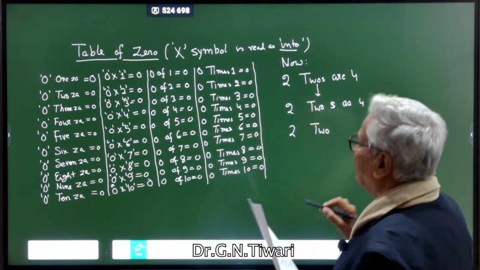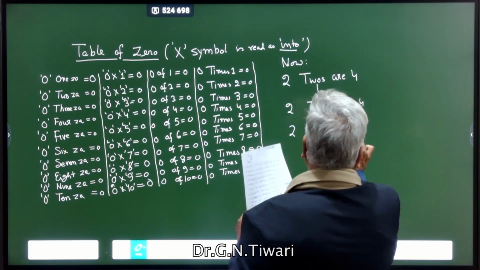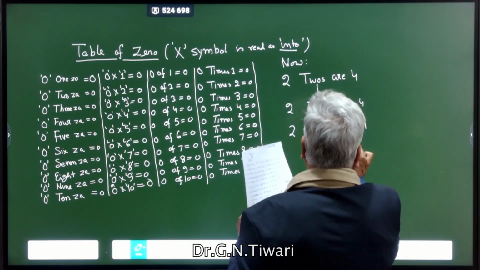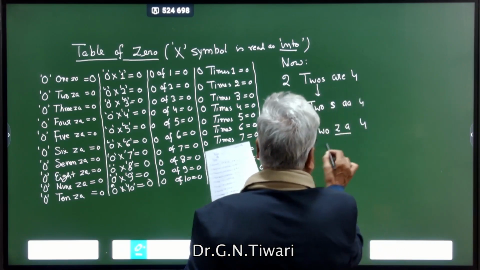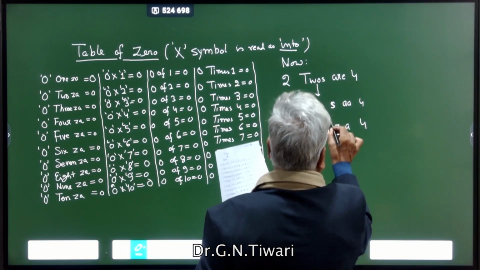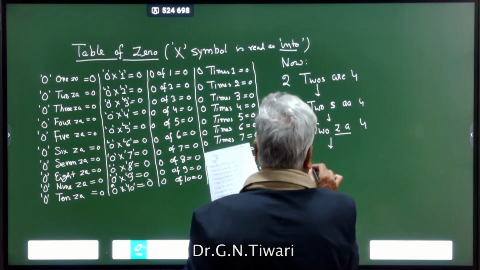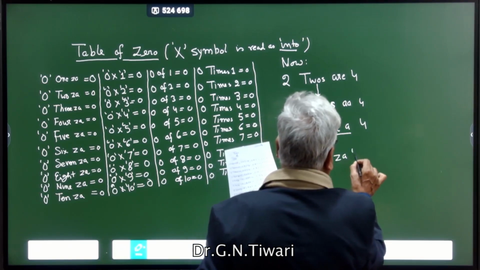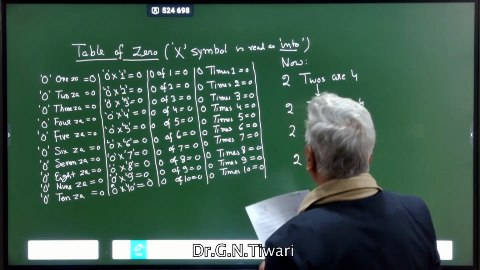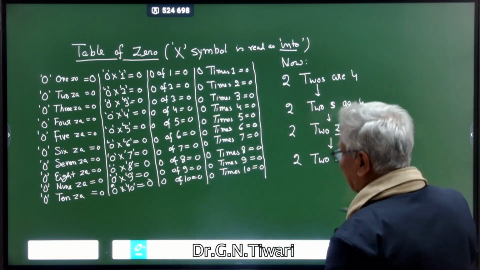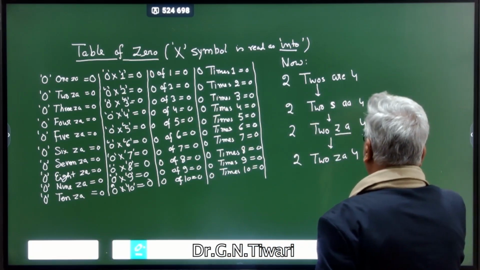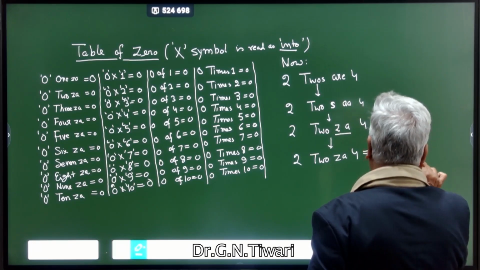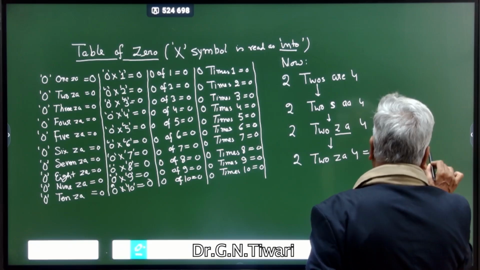For S they pronounce Z, and here it is written A. So you combine this, then it becomes 2 2 4, and here I have written 2 equal to 4.